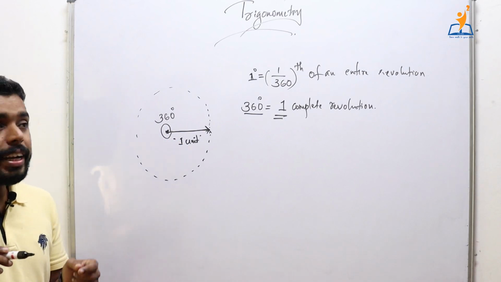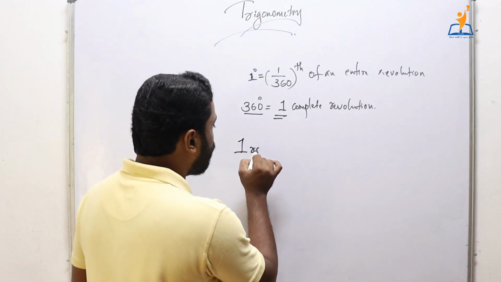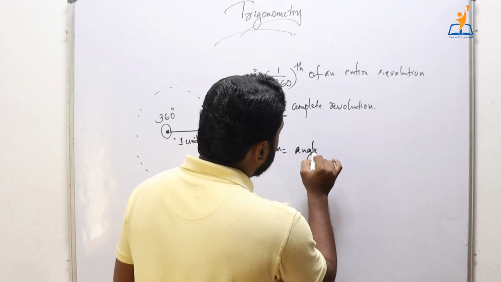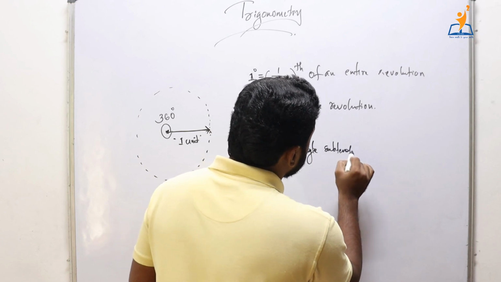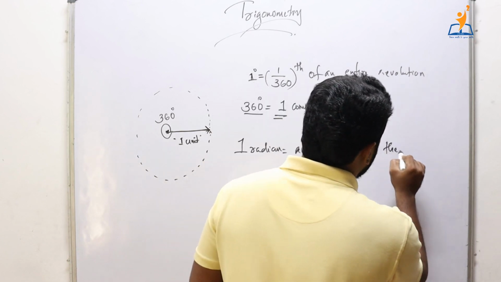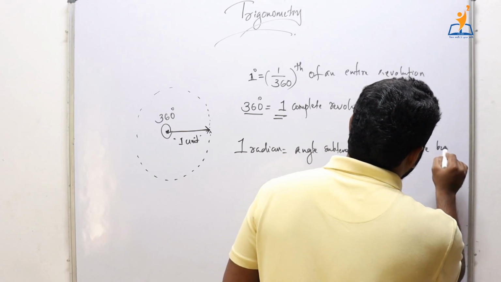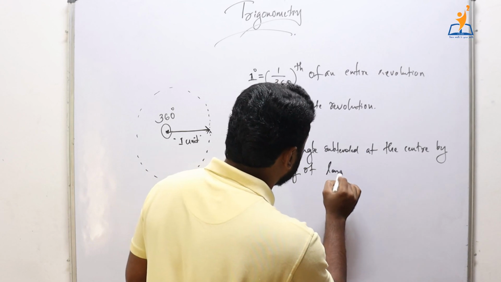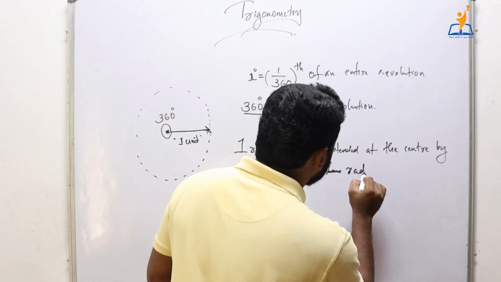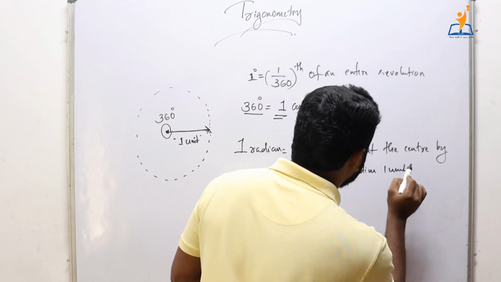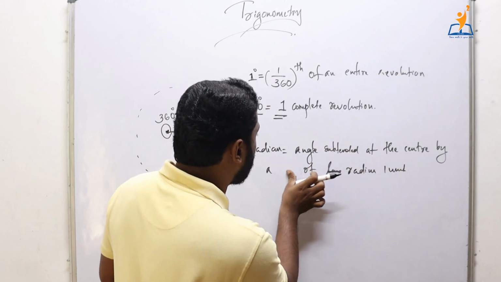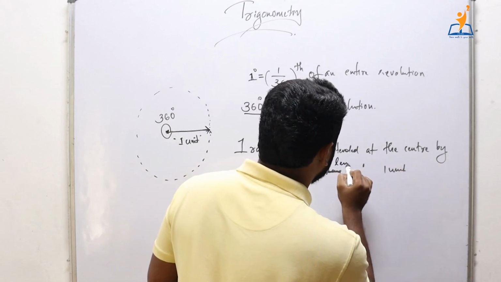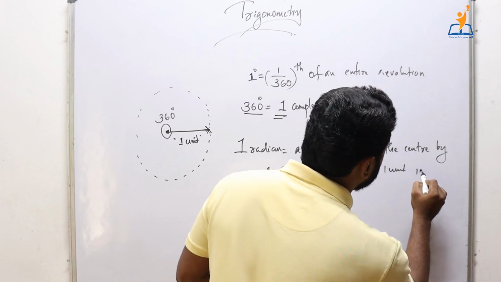Now I defined 1 radian as the angle subtended at the center by an arc of length 1 unit in a unit circle.